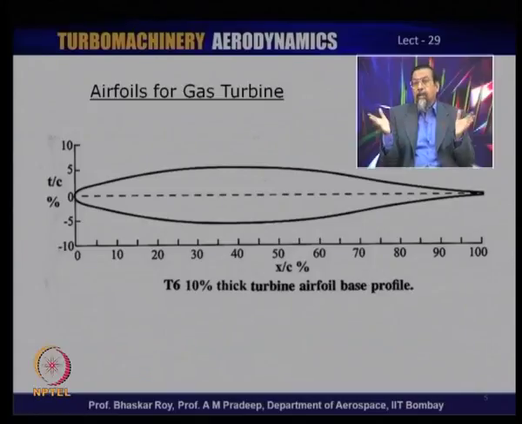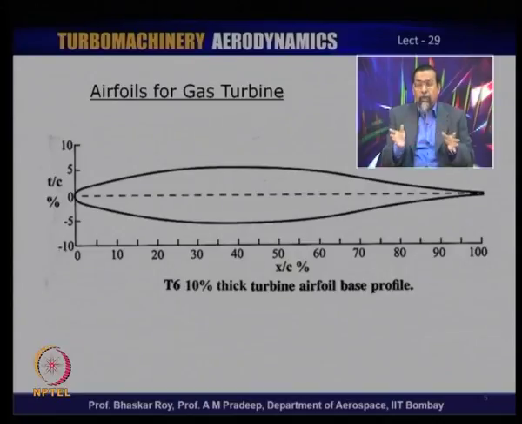Okay. And then you have a new profile. Once you distribute it over different cambers, you have a completely new blade profile, and such blade profiles have been used in many of the earlier turbine designs. As I mentioned, there is another profile called T106, which has been used again for many low pressure turbine usages.